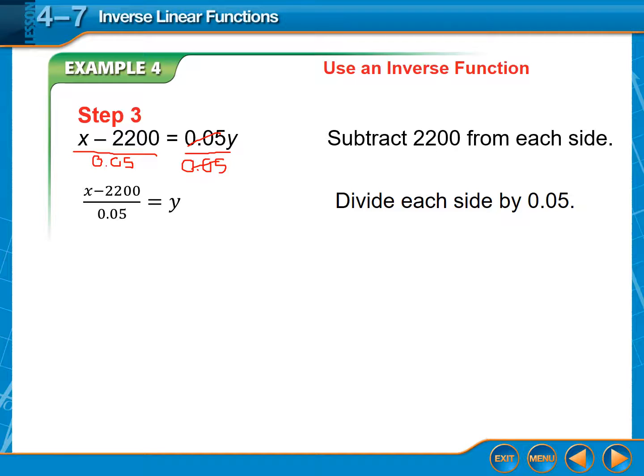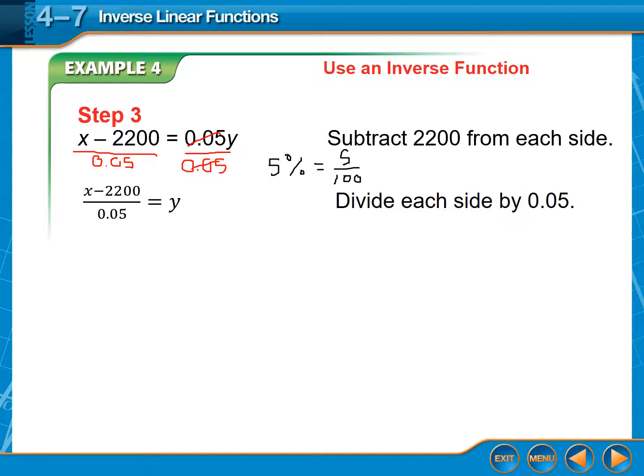So we said 5%, they wrote it as a decimal. Well, 0.05 is 5 over 100. 5 hundredths, literally. So what were we multiplying by y here? As a decimal, it was 0.05.